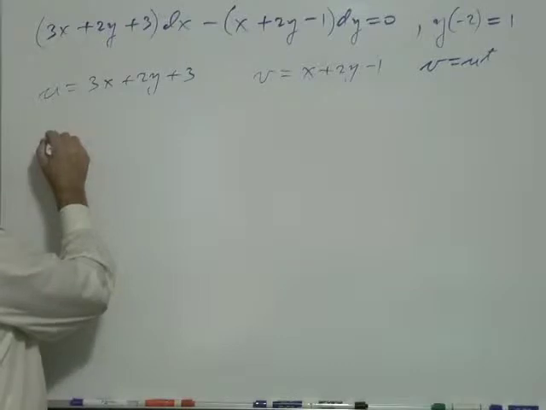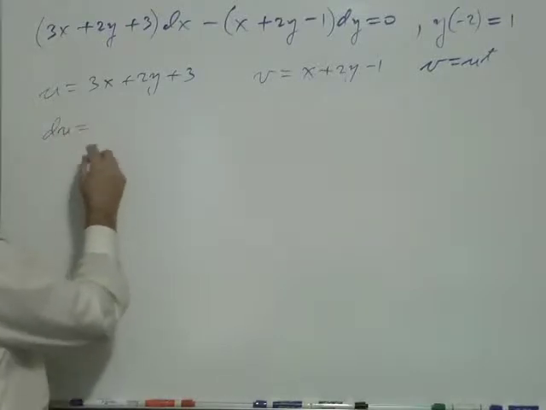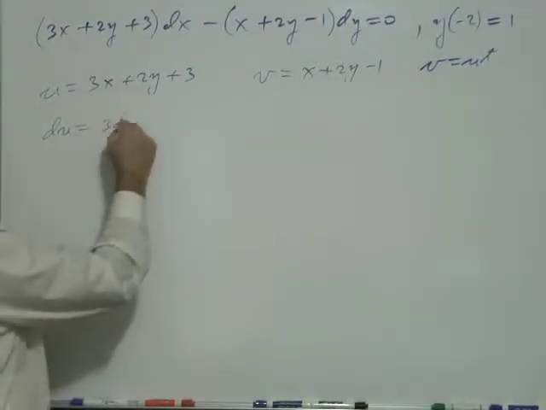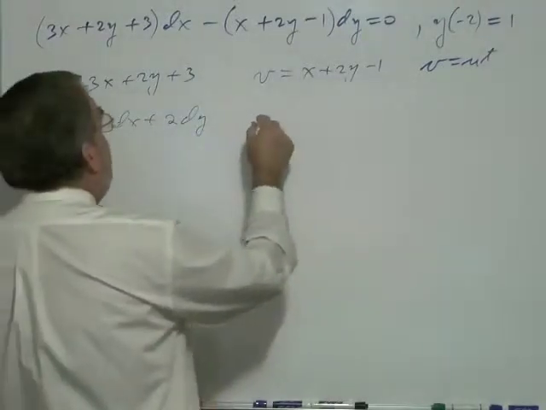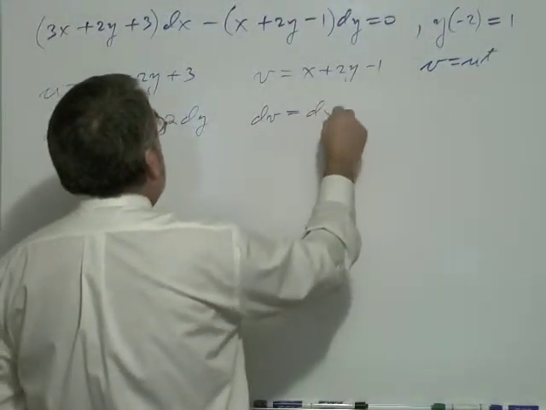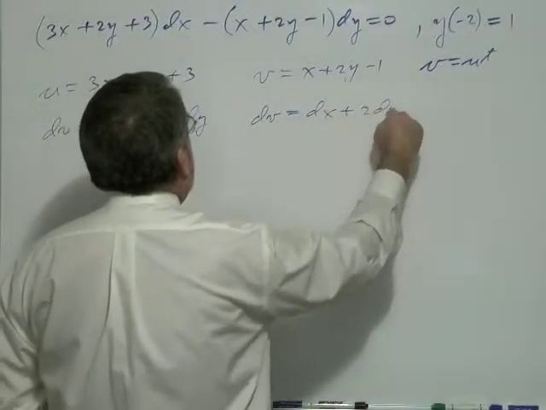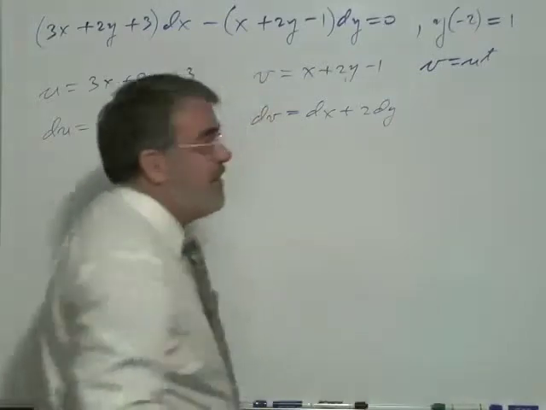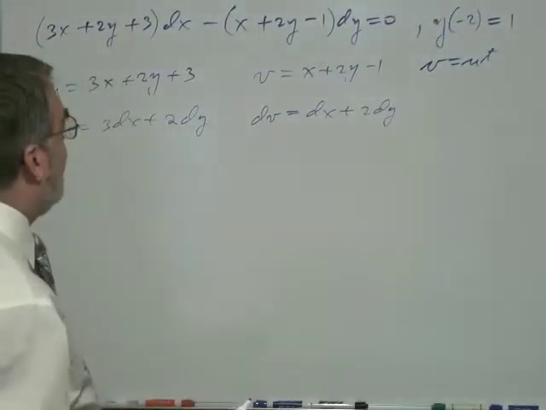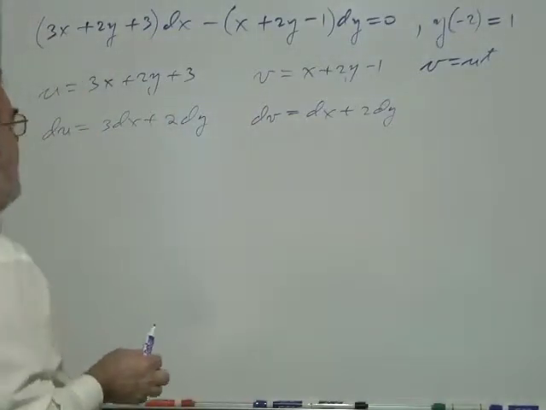The du will be 3 dx plus 2 dy, and dv is going to be dx plus 2 dy. I got a little ahead of myself here. We're going to need this substitution also, but not quite yet.